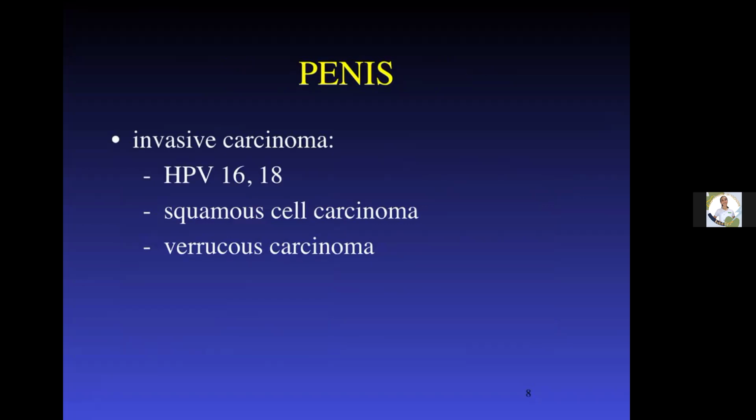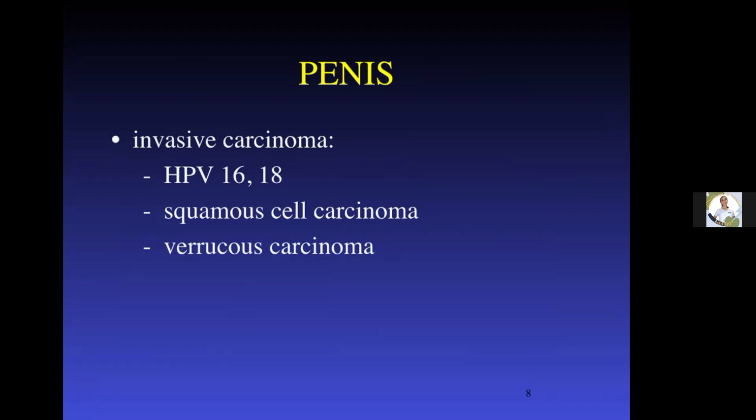If your condyloma acuminatum is caused by your HPV 6 and 11, your invasive squamous cell carcinoma is caused by your HPV 16 and 18. So your squamous cell carcinoma of the penis is associated with poor genital hygiene and with high-risk HPV infection.